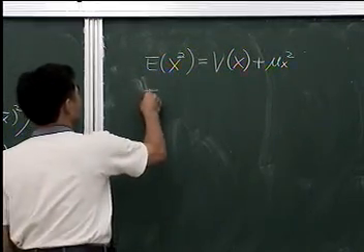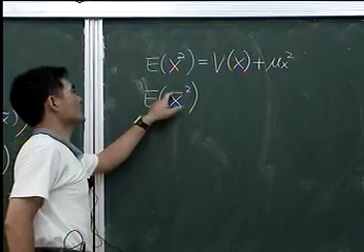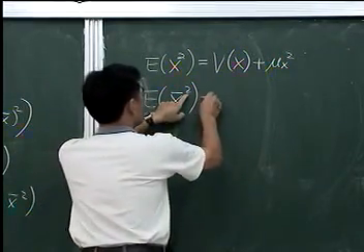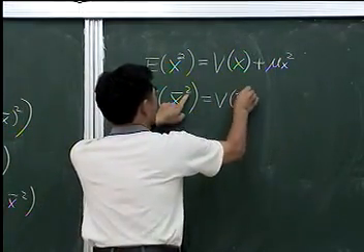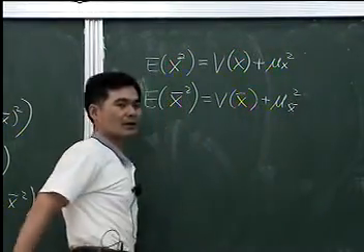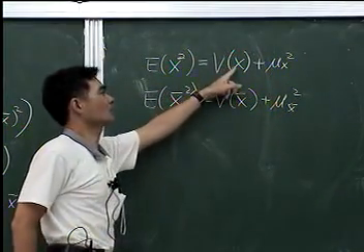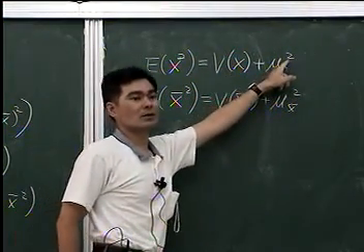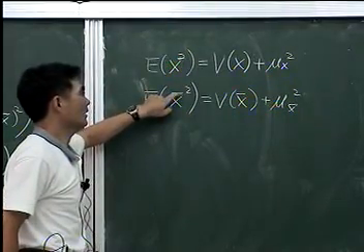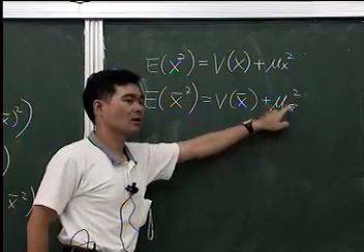What about the expectation of x bar squared? If it is x bar squared, that would be the variance of x bar plus mu x bar squared. In terms of notation, this is x, so of course it's the variance of x and mu x squared. But this is x bar, so it should be the variance of x bar and mu x bar.